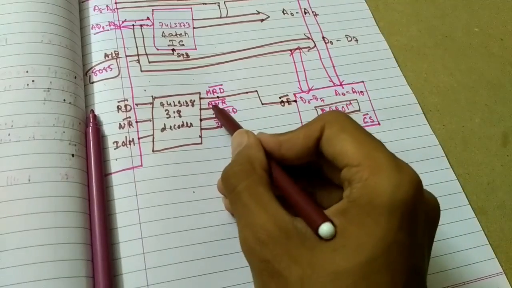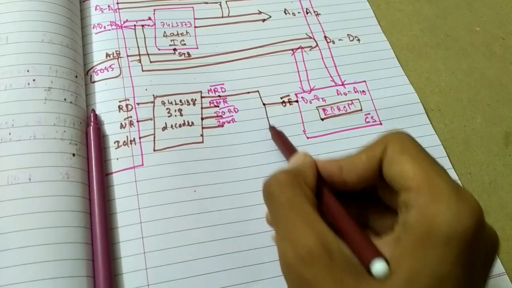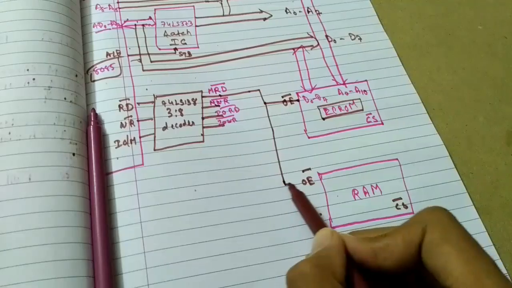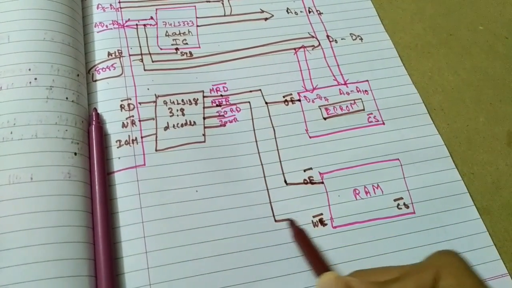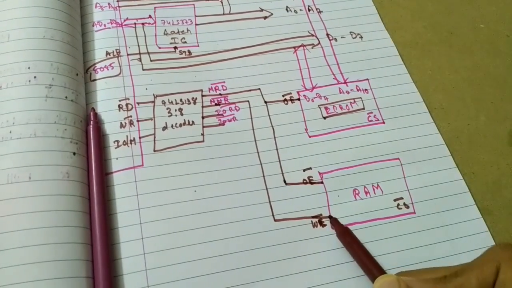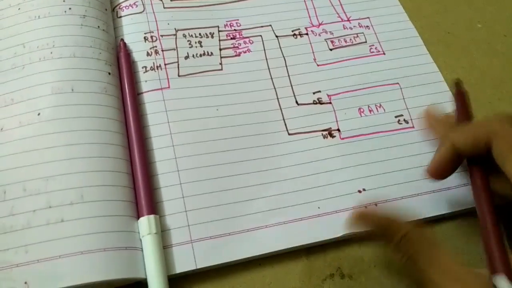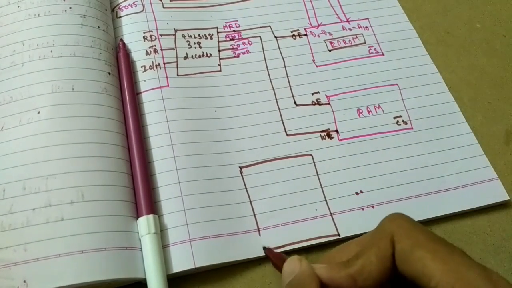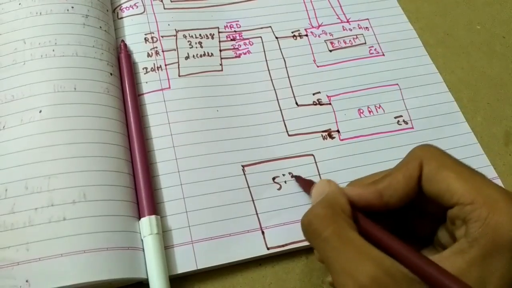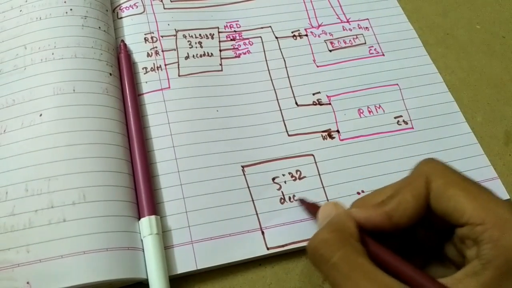Memory read will go to this pin, and memory write will go to this pin. Now comes the decoding logic, the full decoding logic, a 5 to 32 decoder.